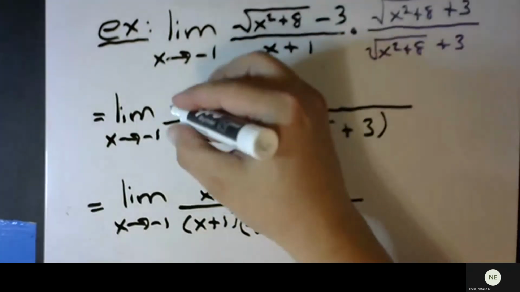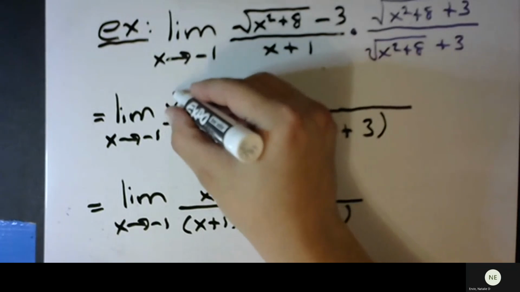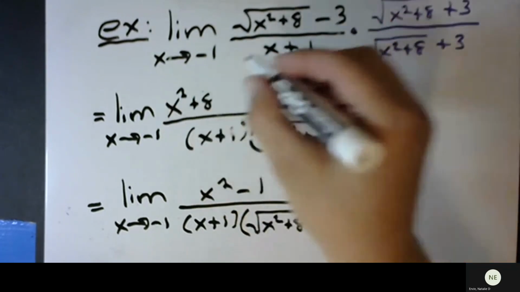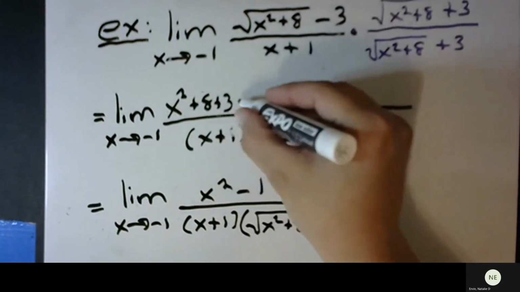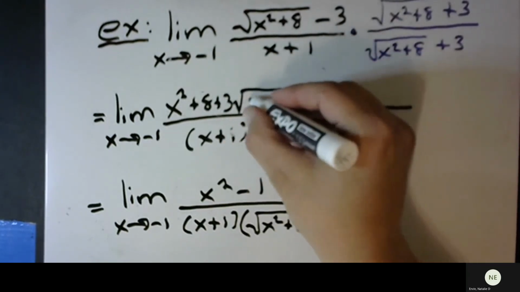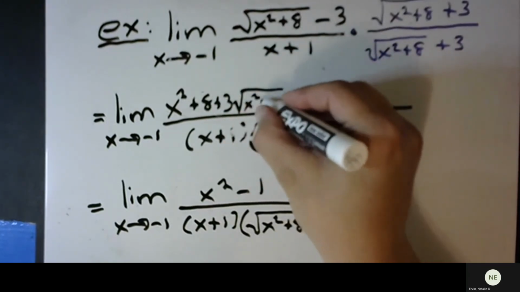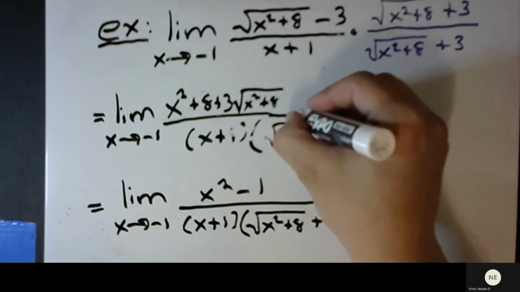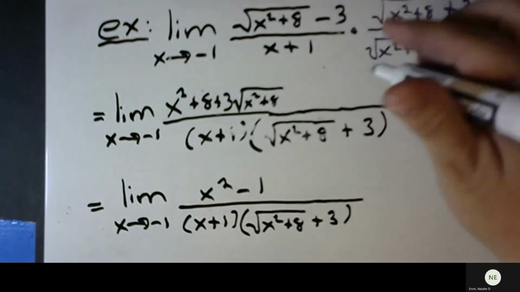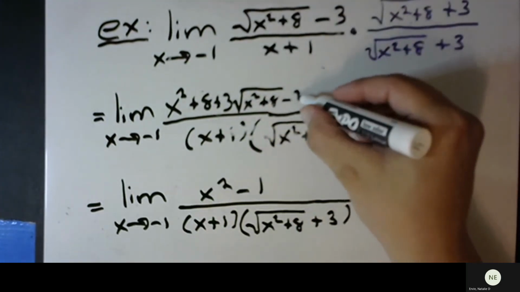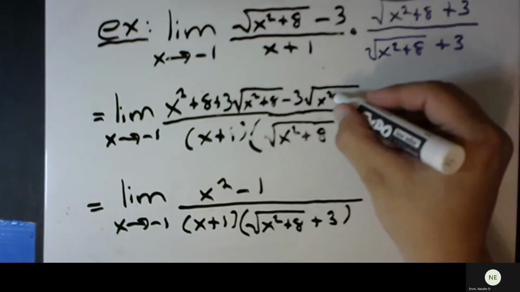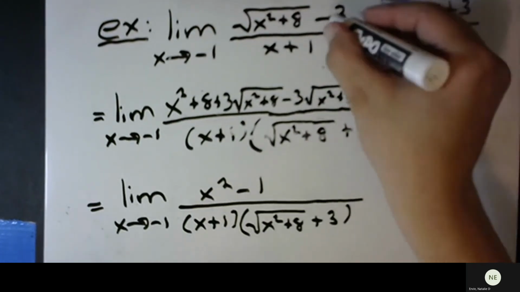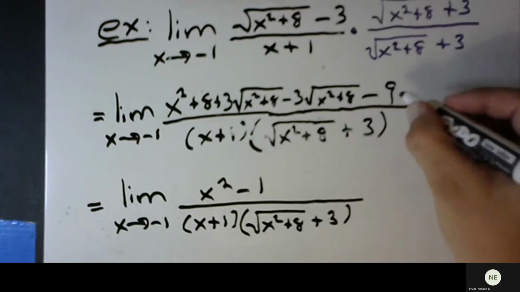This times this would give you the x squared plus 8. This and this is the plus 3 square root. This and this is the minus 3 square root. And then this and this is the minus 9.